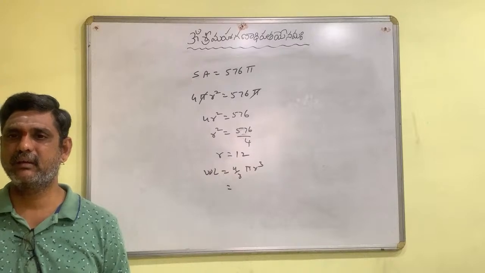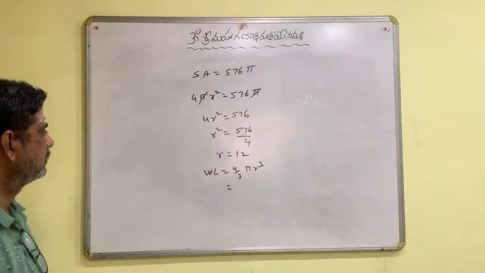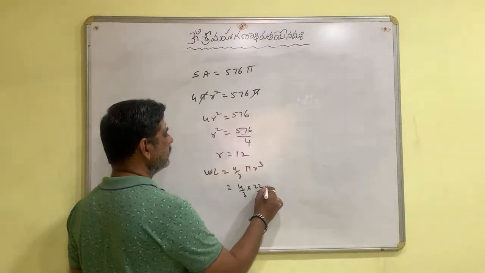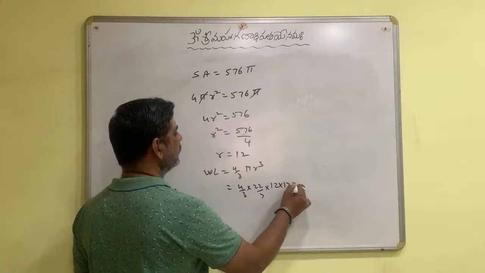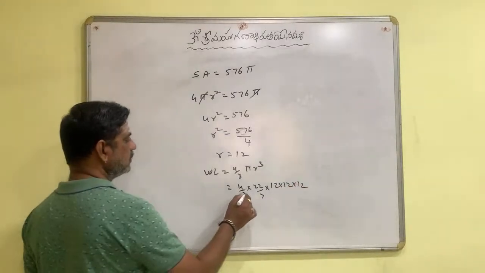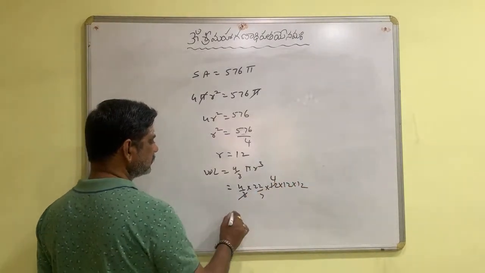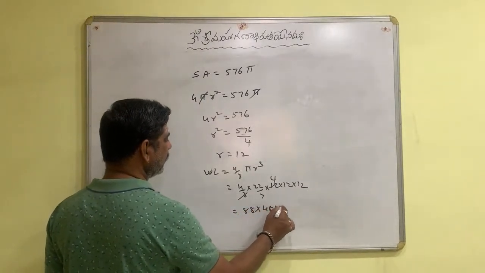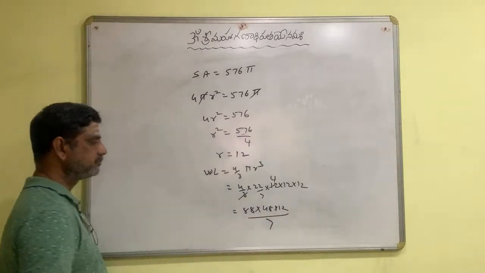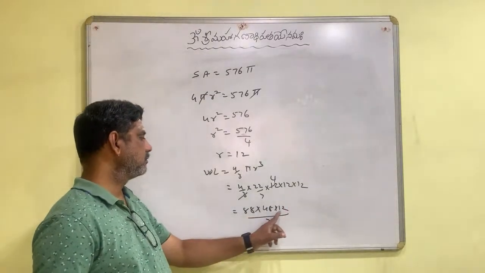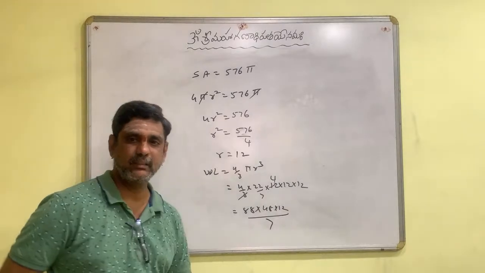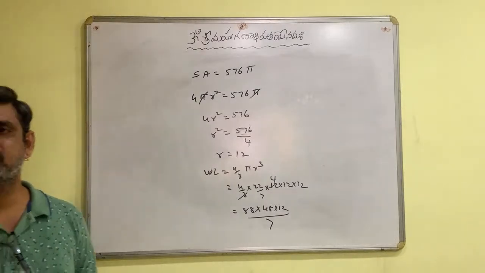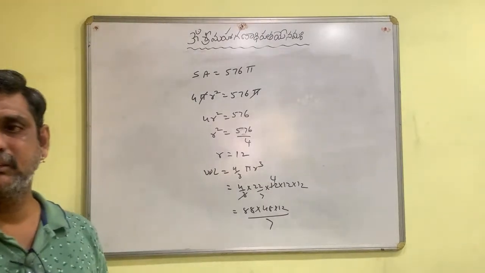So 4 by 3 into 22 by 7 into 12 into 12 into 12. 3 fours, so 88 into 48 into 12 by 7. 16, 48, right? Ends with 8. Right.